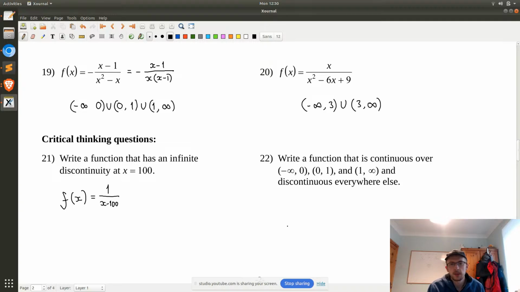Write a function that is continuous over these intervals here and discontinuous everywhere else. So in other words, it's undefined for 0 and 1 in the denominator. So I believe that would work.